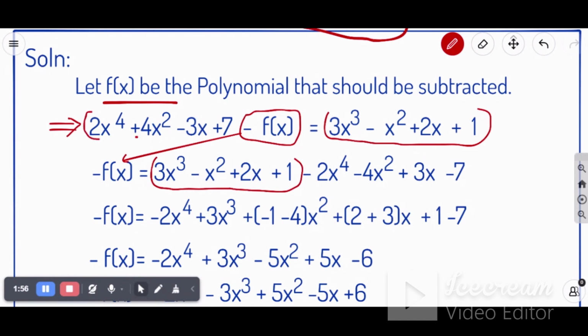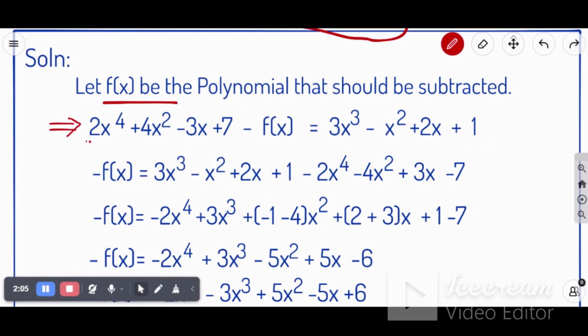Then I am taking this polynomial to the right hand side. When you take this to the right hand side, this plus 2x square becomes a minus 2x power 4, plus 4x square becomes minus 4x square, minus 3x becomes plus 3x, and plus 7 becomes a minus 7.